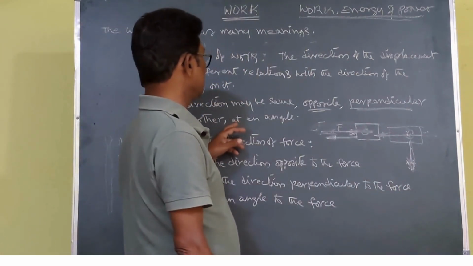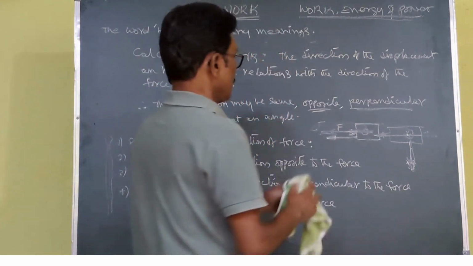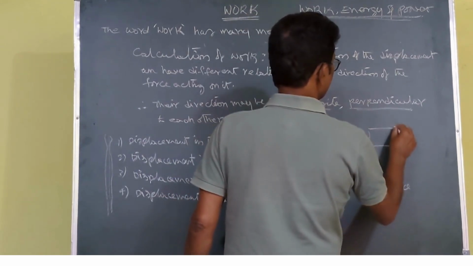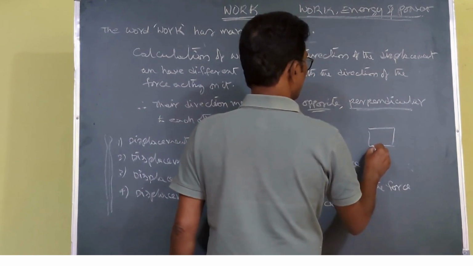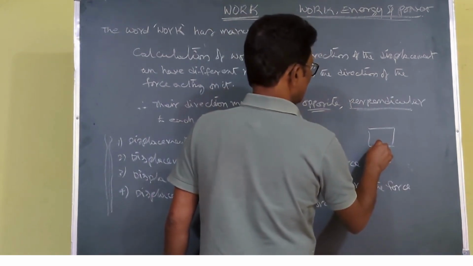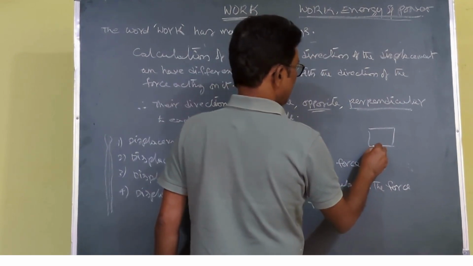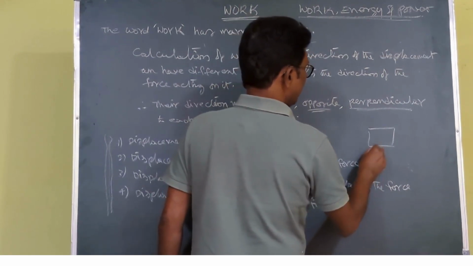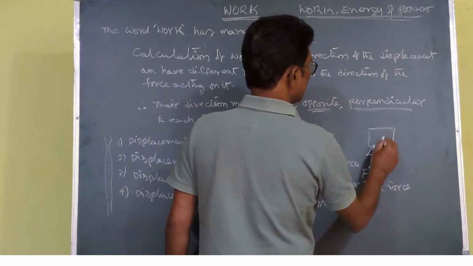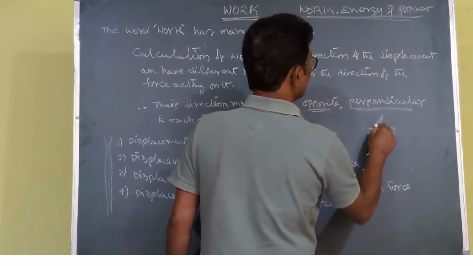Another case is at an angle. Suppose you take any object, and unfortunately an accident happens between two vehicles. The collision may be in any direction. The force is unfortunately acting in this direction, but the object need not go in the direction of the force.